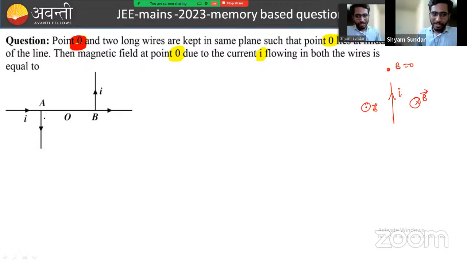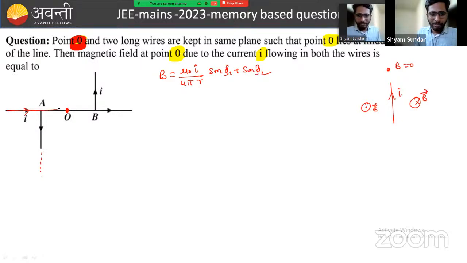Look at this figure carefully. When current is coming in this direction, track my red color. Due to this wire, at this point O, the magnetic field intensity will be 0 because it is in front of that wire. Suppose it goes up to infinity. We know the formula for the magnetic field intensity: mu naught I divided by 4 pi r into sine phi 1 plus sine phi 2.